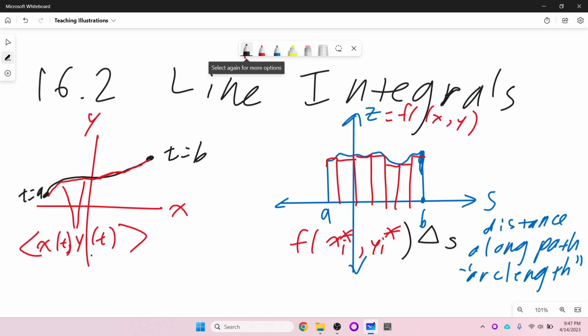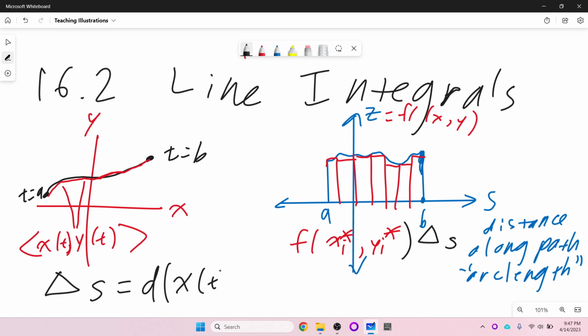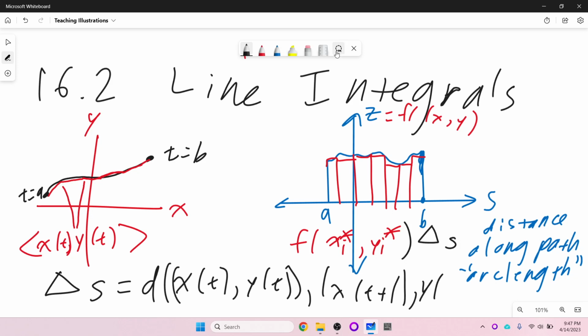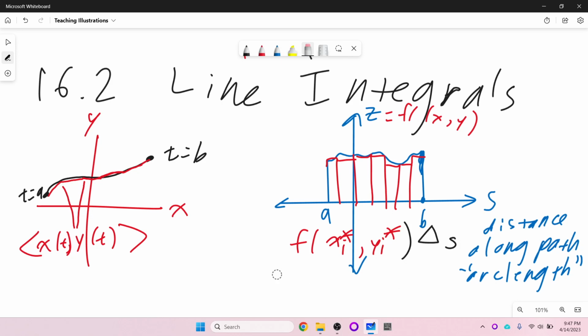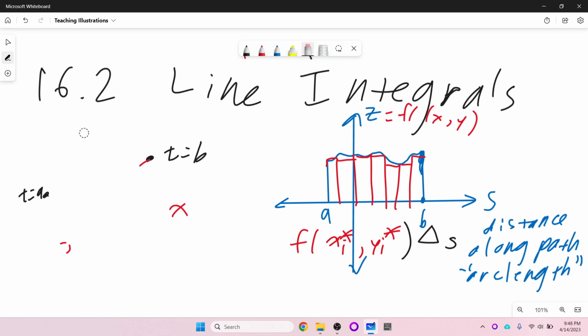We would use this, and then delta s would have to be the distance along a straight line between two consecutive points.